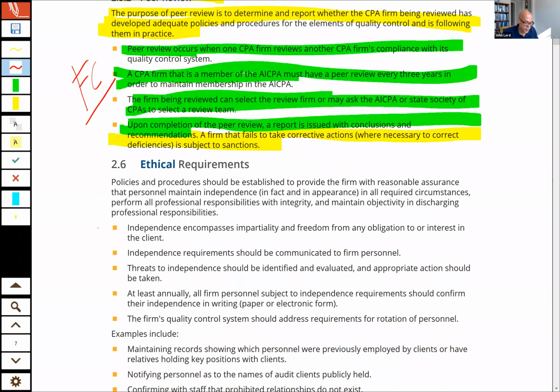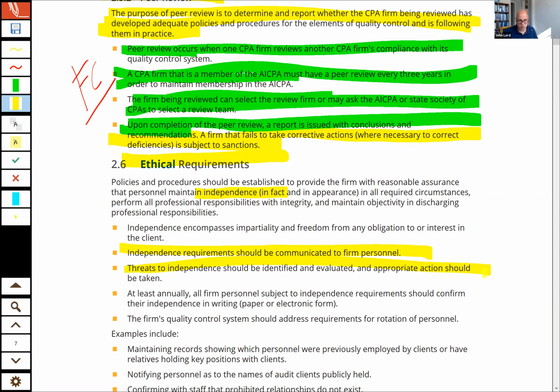Okay, and then ethical requirements, of course, the big ethical requirement is what? Independence. Okay, so we want to have our independence requirements communicated to our staff, obviously. We need to identify threats to our independence. For example, what if we have multiple offices?